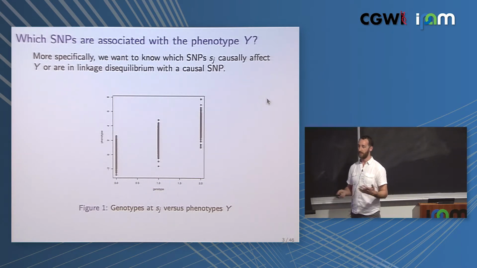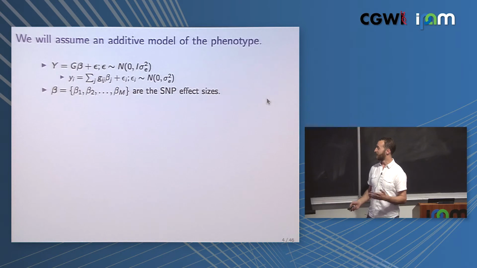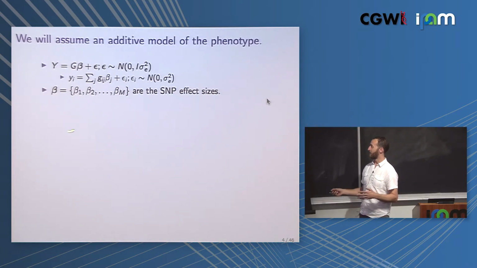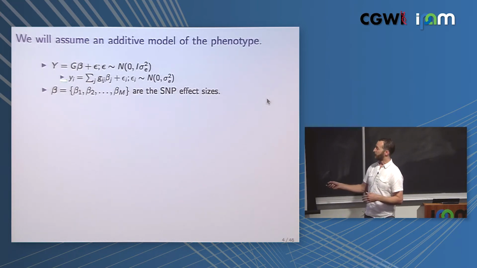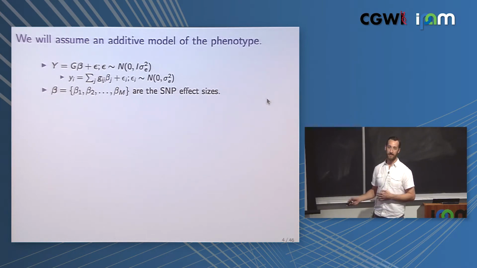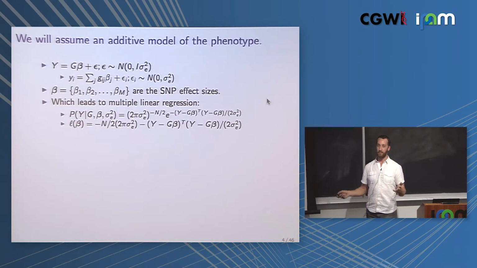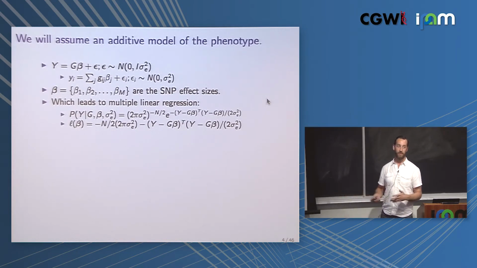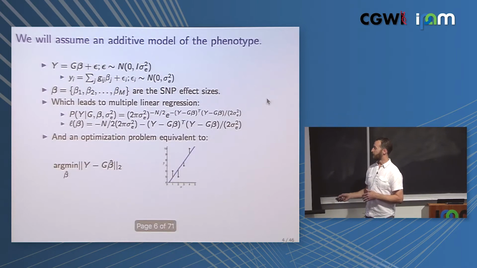But to do this well, we're going to assume a model. We're going to take the same model that was in the last talk, which is this additive model. So we have Y is G beta plus epsilon. Epsilon is going to be normally distributed. If we want to think about one individual, it's this sum, and the betas are the effect sizes. If we do this, then we end up with this likelihood, just the normal multiple linear regression formula.